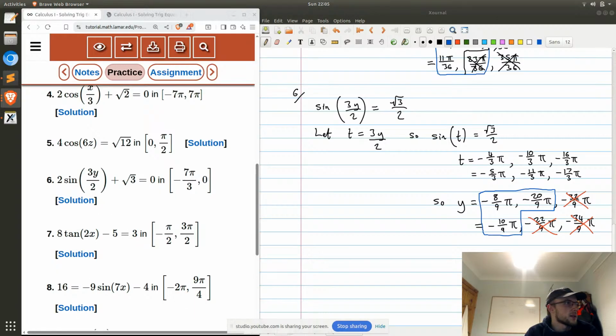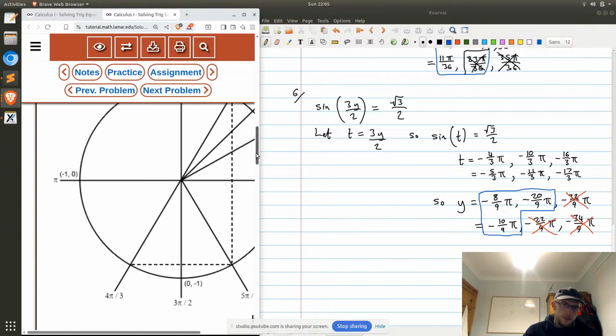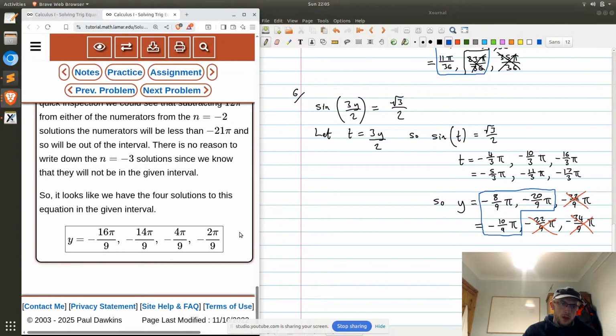And let's check. Okay, so, well, at least we have 9 on the denominator. But what's going on here?